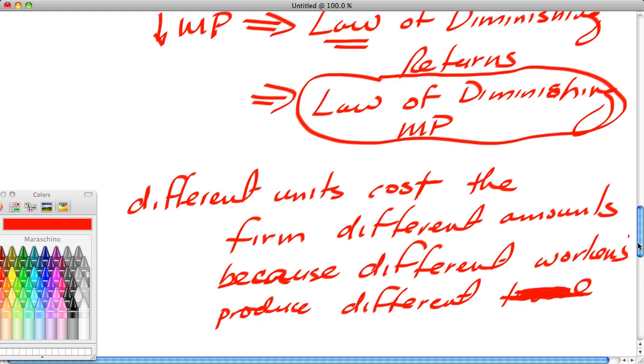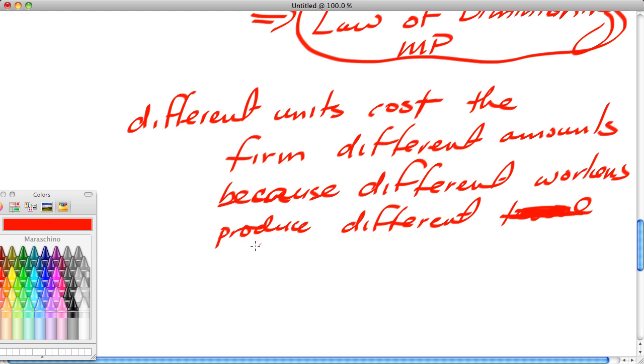Sorry about that. I would get out my erasing tool, but I don't want to show off. Because different workers produce different levels of marginal product.